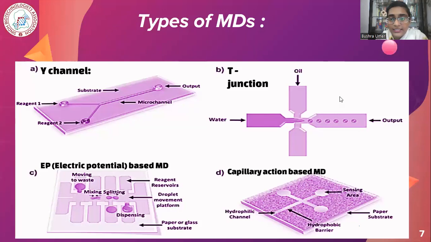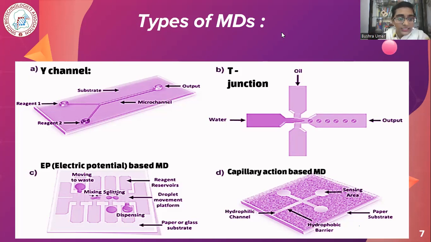And the second one is the T junction, and we use this kind of microfluidic device when we need to prepare droplets of two different types of substances, just like oil and water. So these are of different densities. So in the T junction, we use this technique and we produce different types of drops, right?